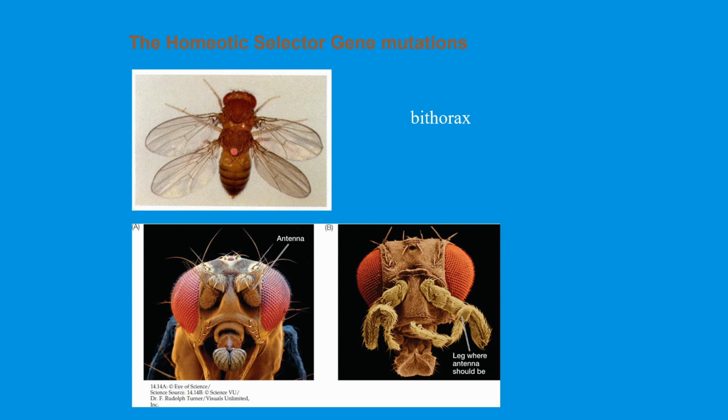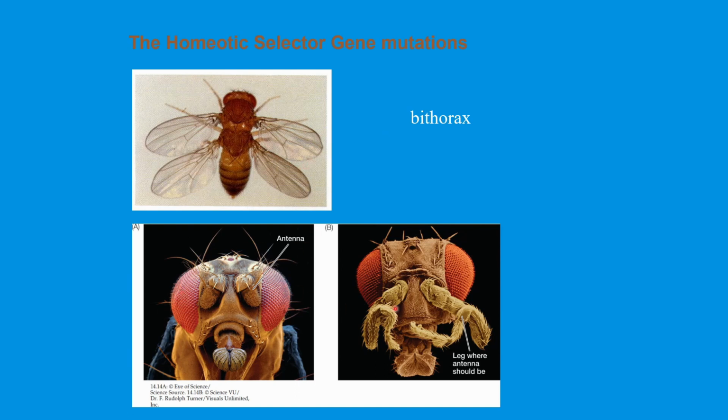And this is actually a transformation of a region of the fly. It normally has a small little haltere here, which is transformed to a full wing. And these homeotic selector genes control anterior, posterior compartment identity. And we will go through this in detail later on. I just want to show there's other types of studies you can do.